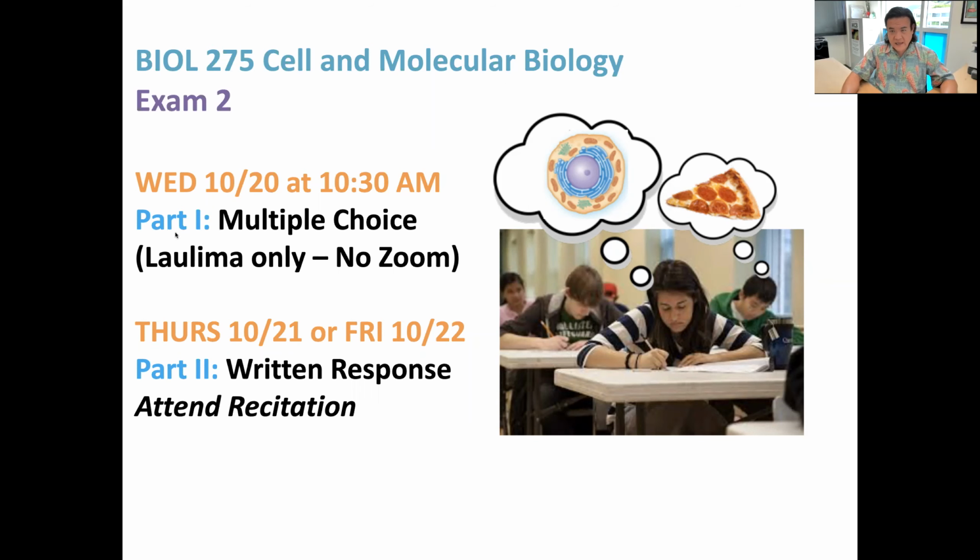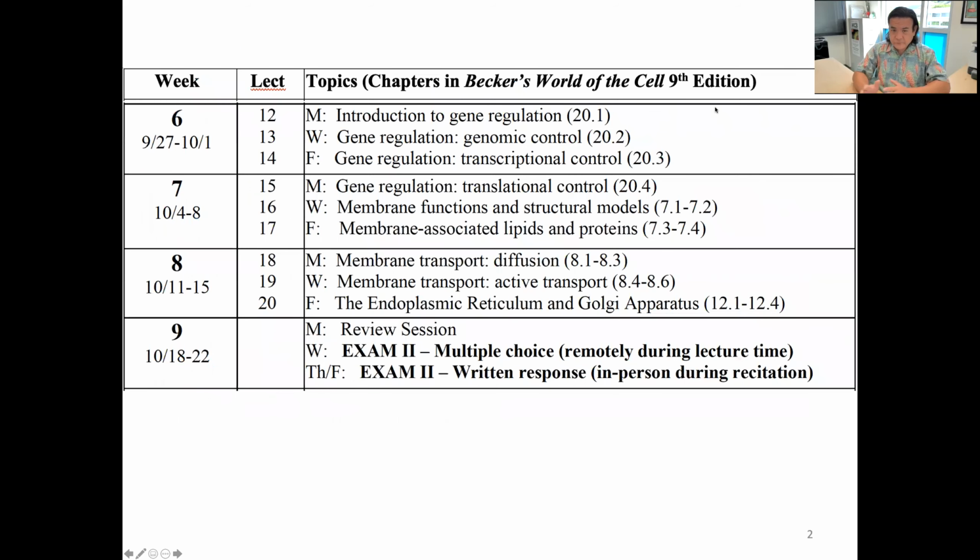All right, let's go ahead and take a look at the topics that you're responsible for. So you are responsible for lectures 12 through 20. And over the course of these lectures, there were two main topics that we were discussing.